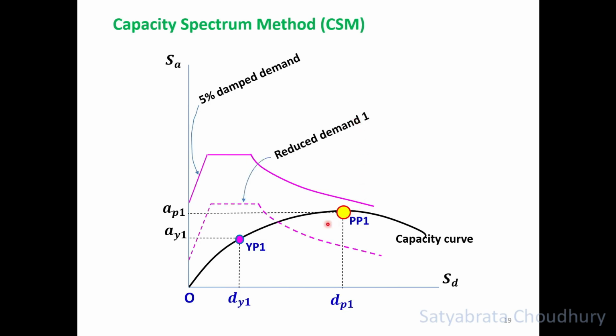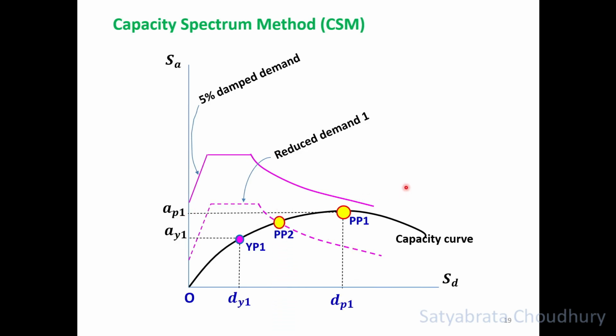So we have considered this is the demand diagram. This is the capacity diagram, capacity curve, and we have decided that we shall design the system for this much damage. So this is my trial performance point number 1, and through bilinearization of the system I got the first yield point YP1. So I know the DY1, AY1, DP1, AP1 this way.